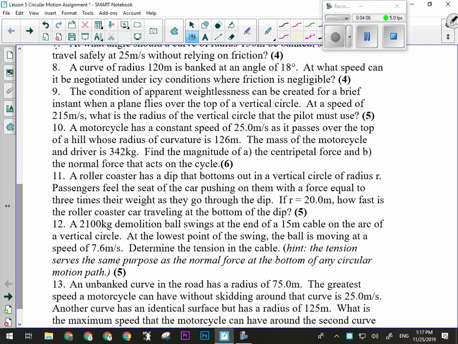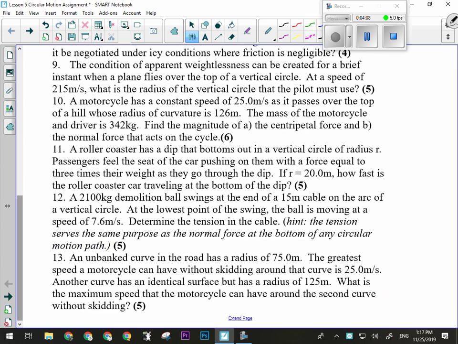We know the radius and the mass. Number 11, a roller coaster is at the bottom of a vertical circle, and it gives you some information there, so another vertical circular motion question. Number 12, a demolition ball swings at the end of a 15-meter cable at the bottom of a vertical circle.